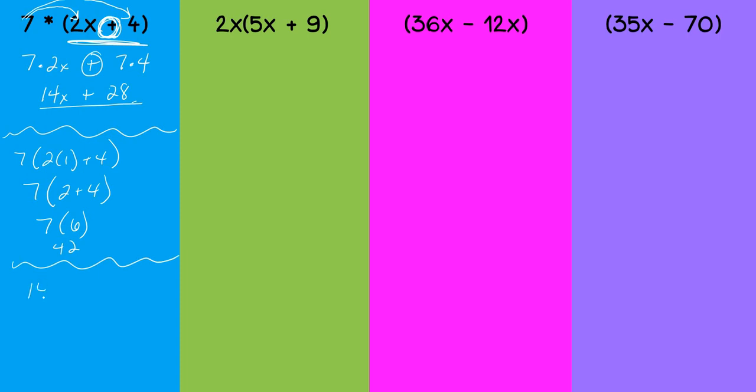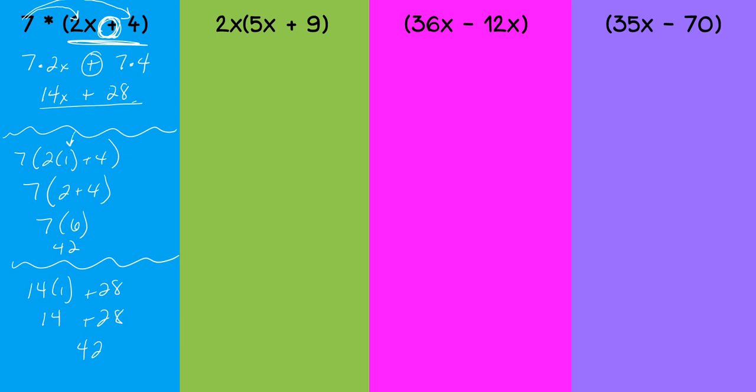So if I take 14 times 1 and add 28 to it, that gives me 14 plus 28. 4 plus 8 is 12. Carry the 1 is 42. This is the last time I'm going to double check to make sure that my answers are correct. When you're asked to prove that your expressions are equivalent after you've found them, this is how you're doing that.